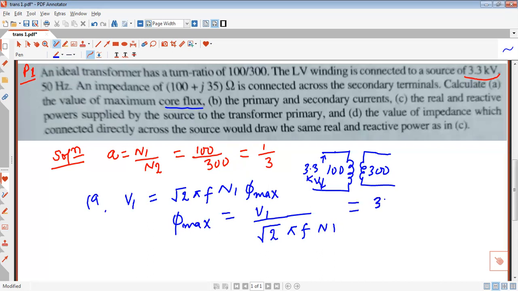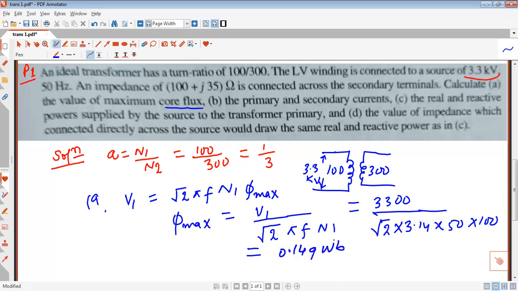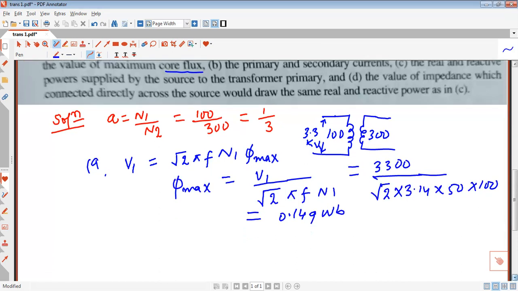Here we put 3300 volt for the primary side, root 2 multiplied by 3.14 into the frequency of 50 hertz and 100 primary turns. Solving this relation, we get 0.149 Weber. So part A is calculated.